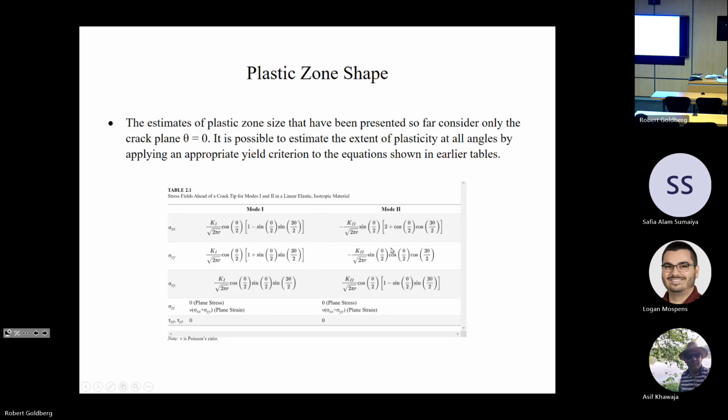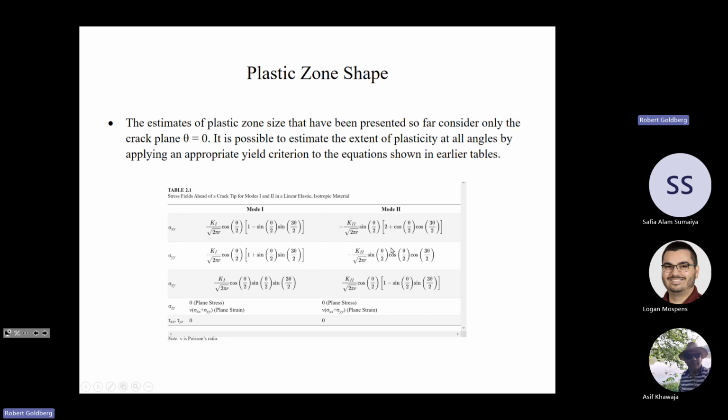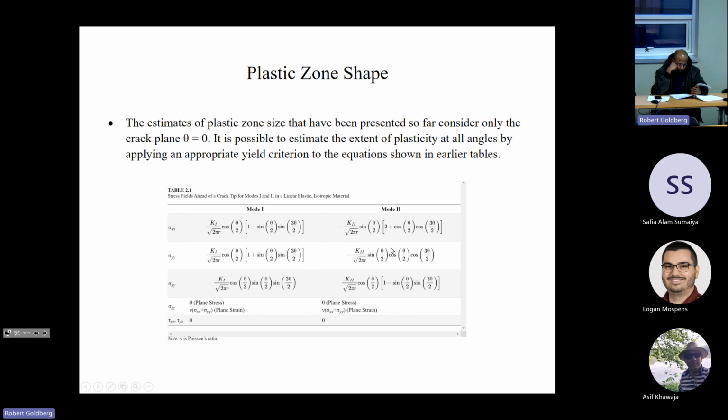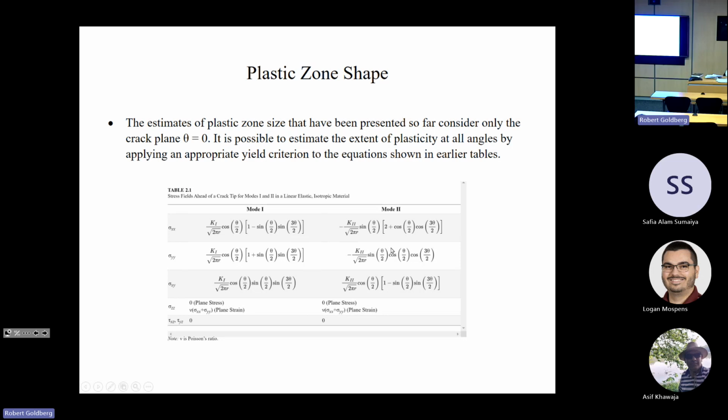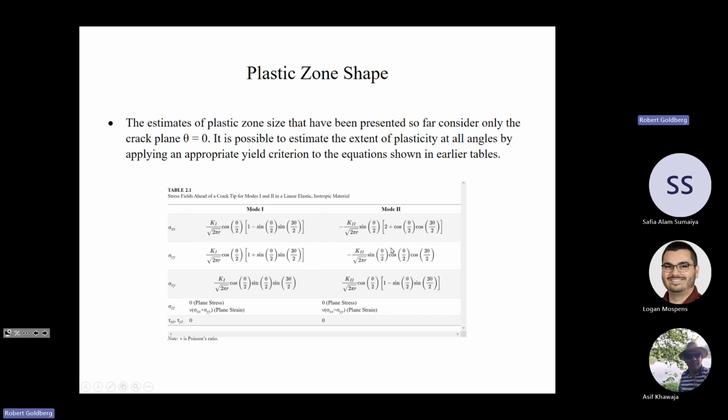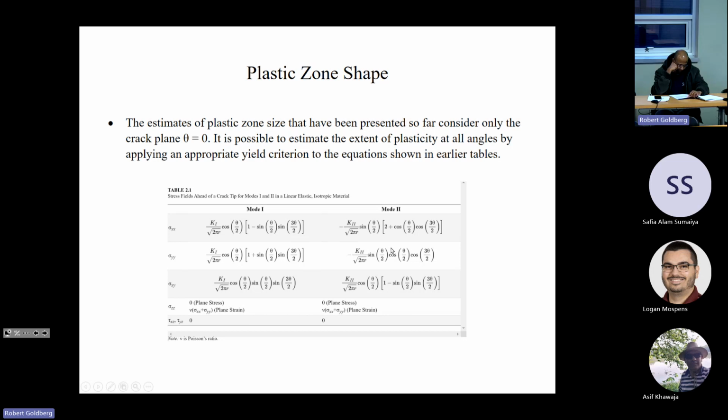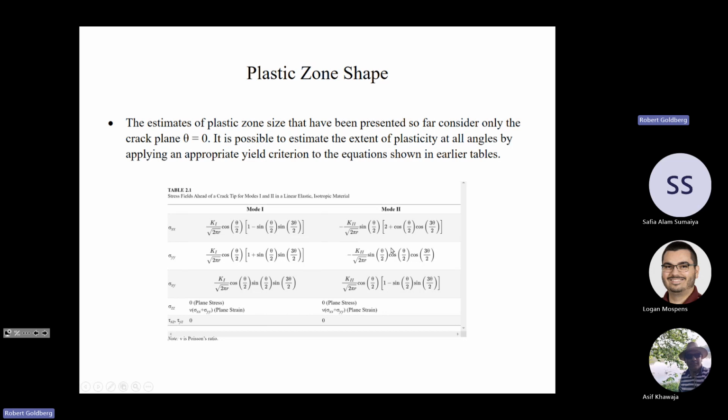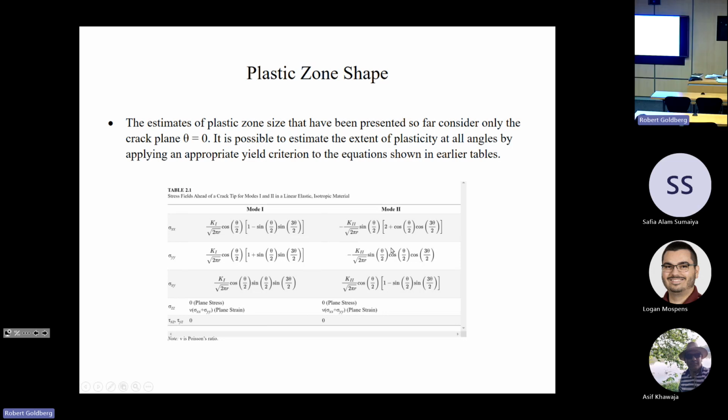Okay, so the other thing we're going to talk about is that the estimates of the plastic zone size that we've talked about so far only consider the crack plane, where theta equals 0. But we can estimate the extent of plasticity at all angles. If we have a multi-axial stress state, we can compute, by superposition summation, the various stress intensity factors due to the various stresses.